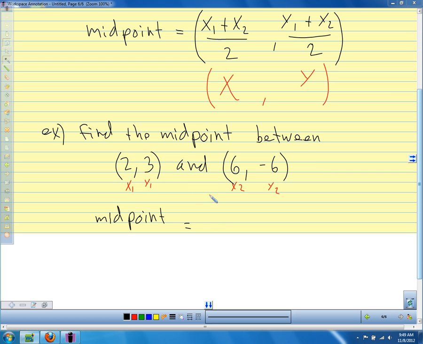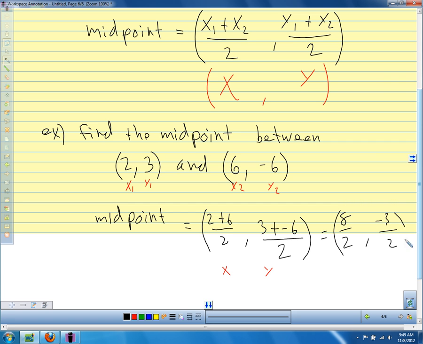Our midpoint is x1 plus x2, 2 plus 6, divided by 2, and that's our x coordinate. And then y1 plus y2, 3 plus negative 6, divided by 2. And remember, this is an x and a y. We don't add these together. 2 plus 6 is 8 divided by 2. 3 plus negative 6 is negative 3 divided by 2.